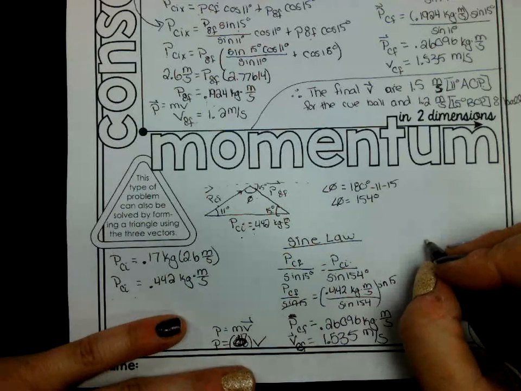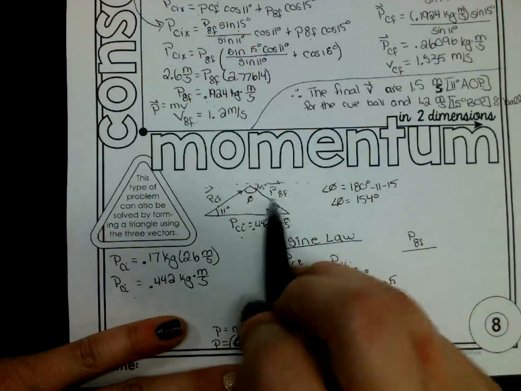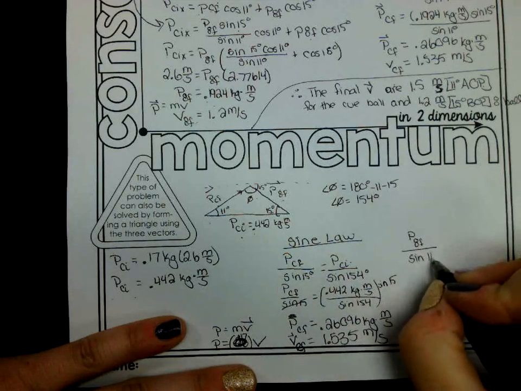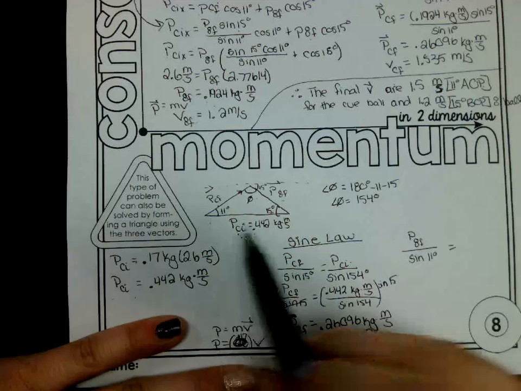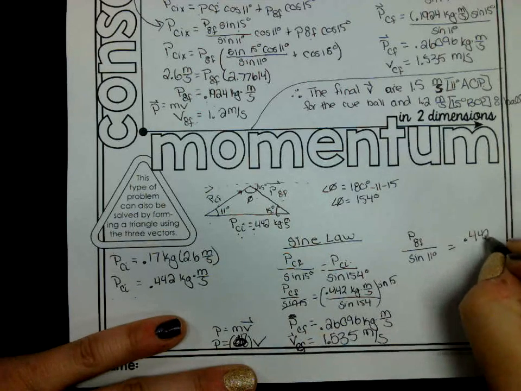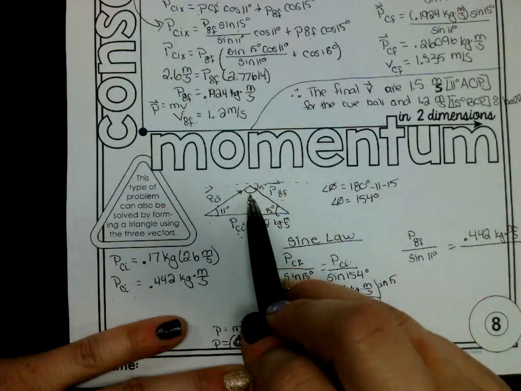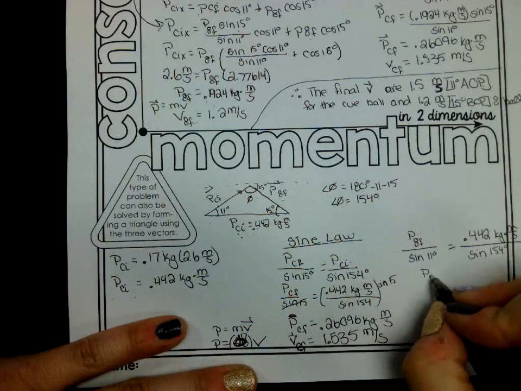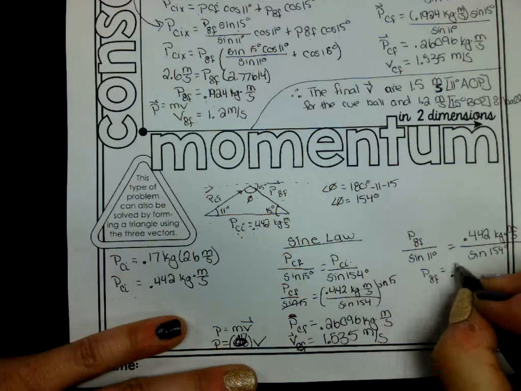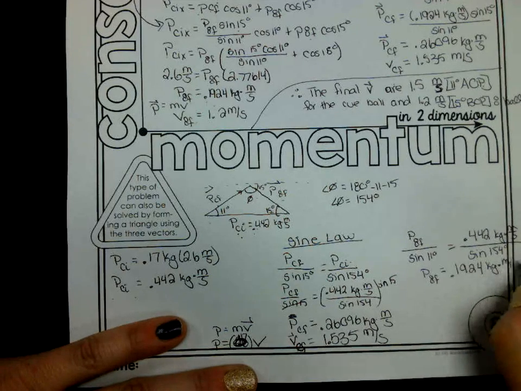To figure out the momentum of the 8-ball final, I can say the momentum of the 8-ball final times sine 11 is equal to the momentum of the cue ball initial over sine of 154. I'm just going to go ahead and plug that in: 0.442 kilograms times meter per second over the sine of 154. So the momentum of the 8-ball final is 0.1924 kilograms times meter per second.